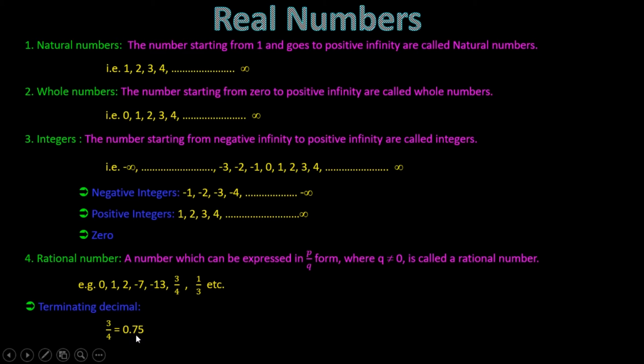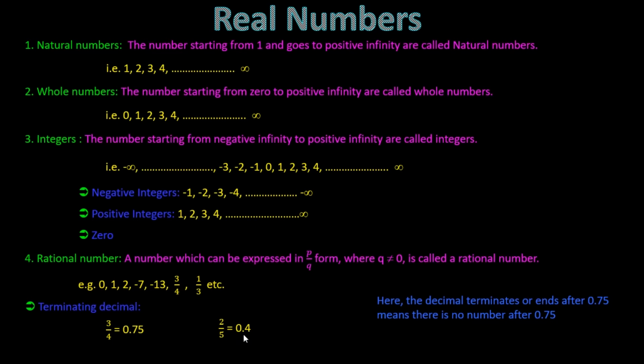That is, 5 is the end point; any decimal which has an end point is called a terminating decimal. Another example is 2 by 5, which is 0.4. There are many terminating decimals, and all of them are rational numbers.